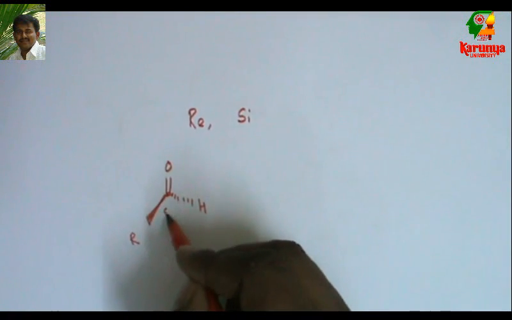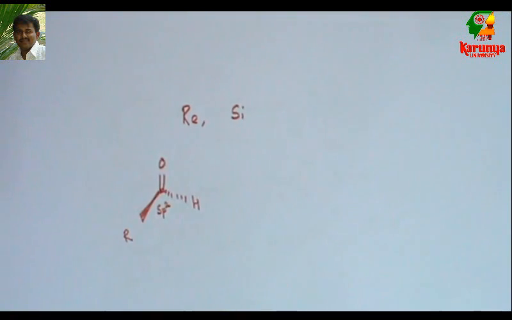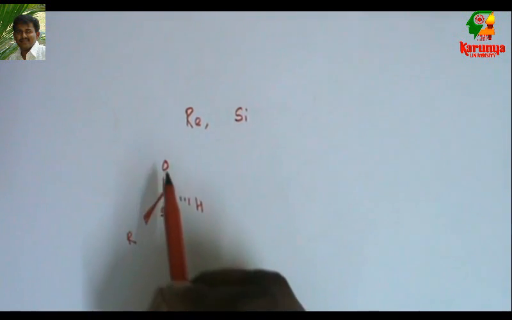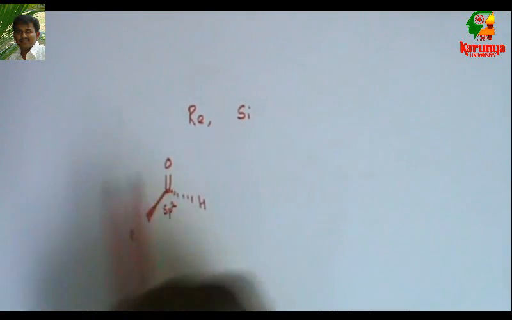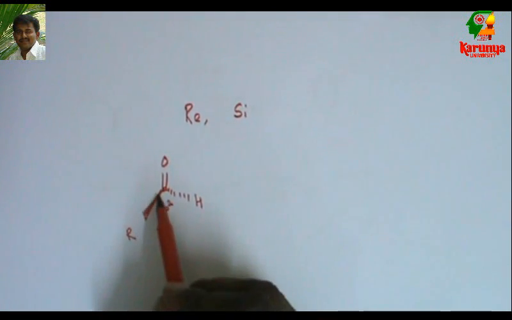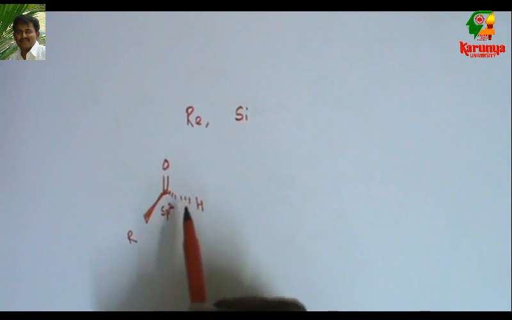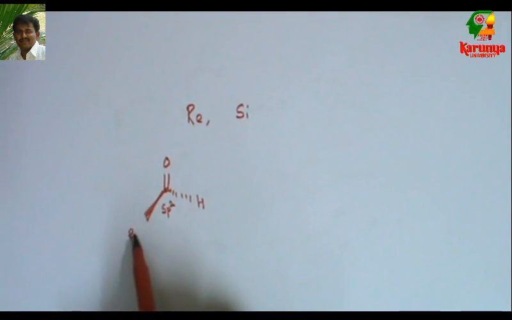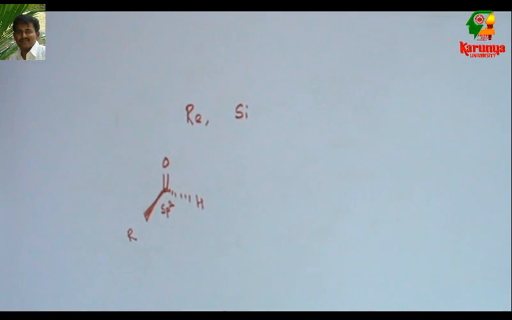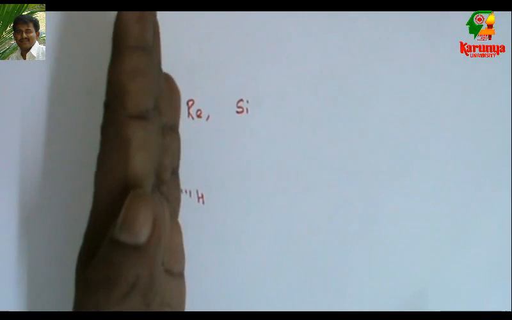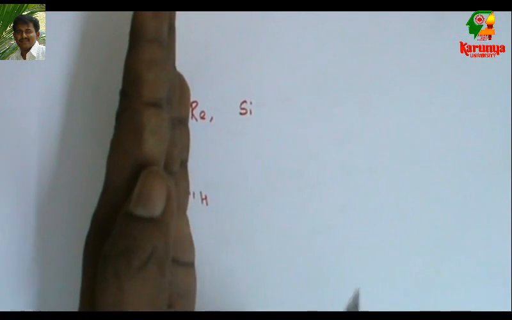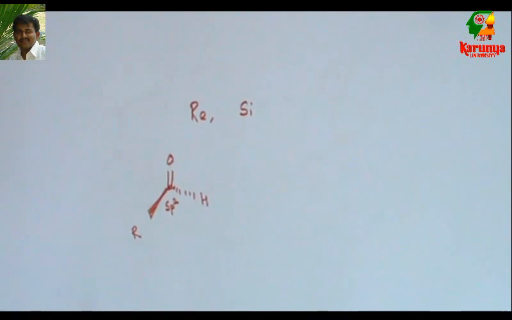This carbon is sp2, so it is a trigonal carbon, and it has 3 different groups: R, H, O. This thick line and thin line represent that R is facing towards us like this. Hydrogen is going down. So the molecule is placed like this.